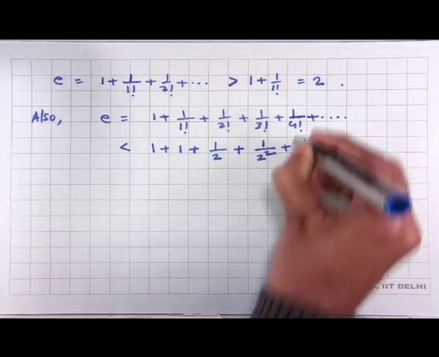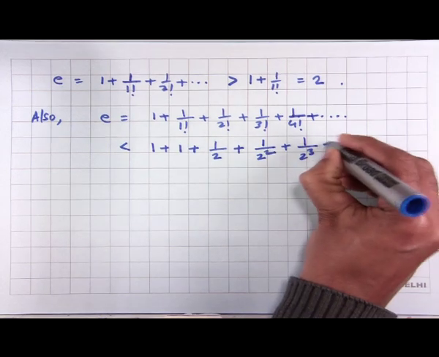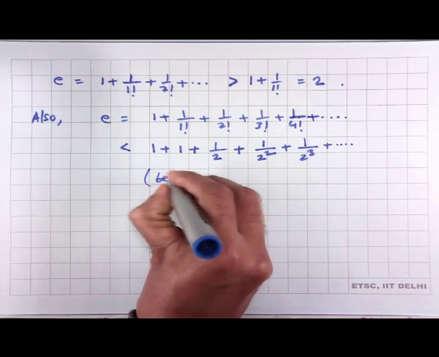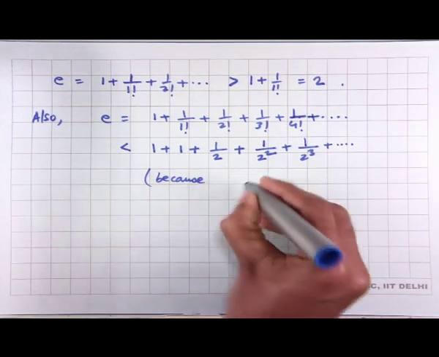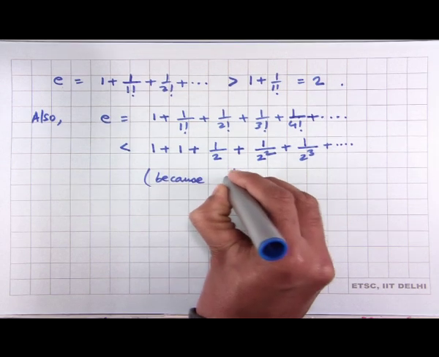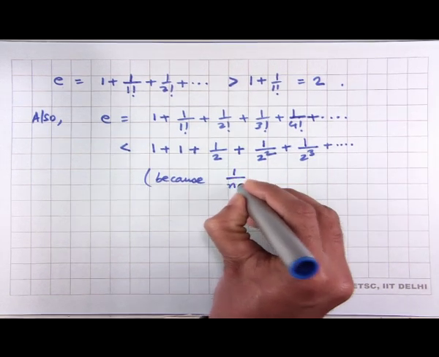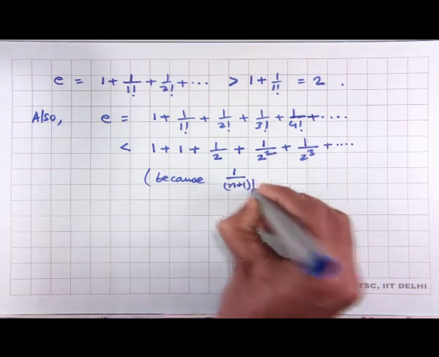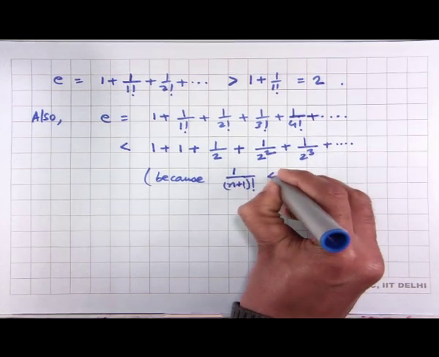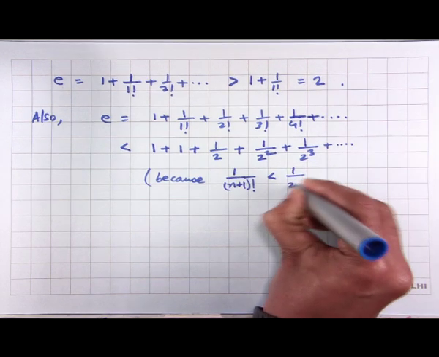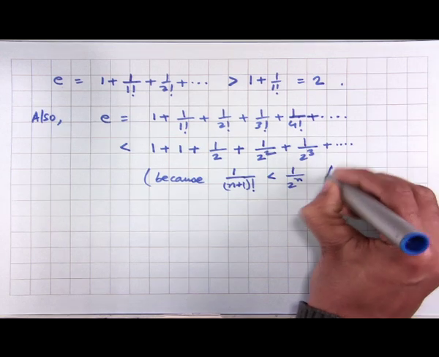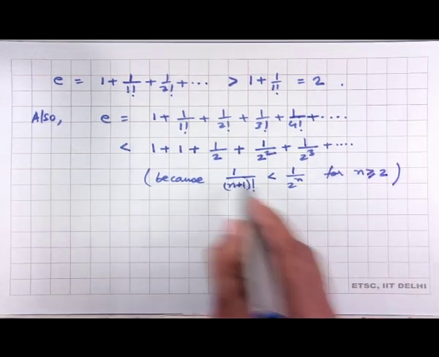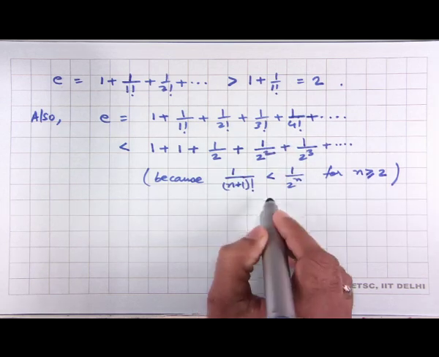So, 1 over 4 factorial is less than 1 over 2 cube, and so on. This is because 1 over n plus 1 factorial is less than 1 over 2 to the n for n greater than or equal to 2. This you can prove by induction or directly like I explained.